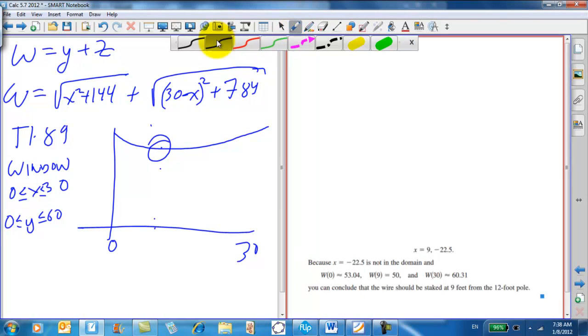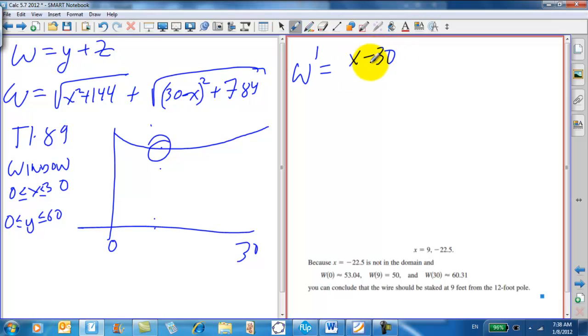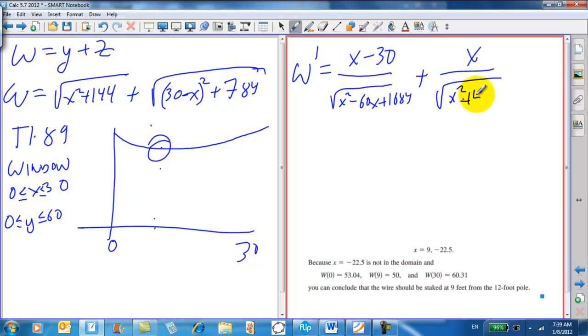And I get for the derivative w prime: (x minus 30) over the square root of x squared minus 60x plus 1684, plus x over the square root of x squared plus 144.